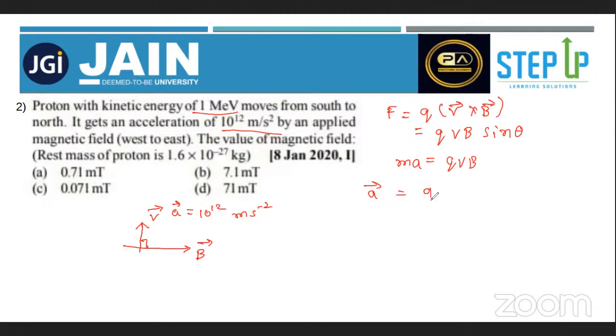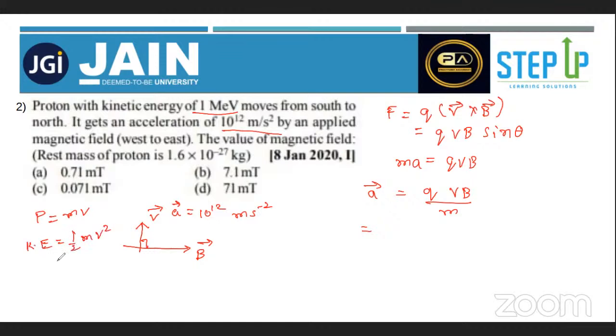Acceleration is equal to QVB upon M. Now, Q value is known. I know that it is a proton, so I can write that. Again, I can substitute in place of V, because kinetic energy is given to you. If you remember, P is equal to mv, or the kinetic energy formula is basically equal to half mv square.